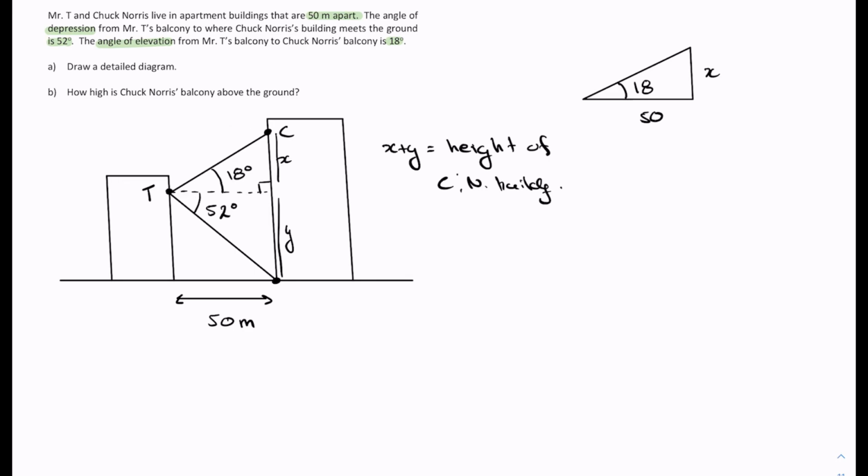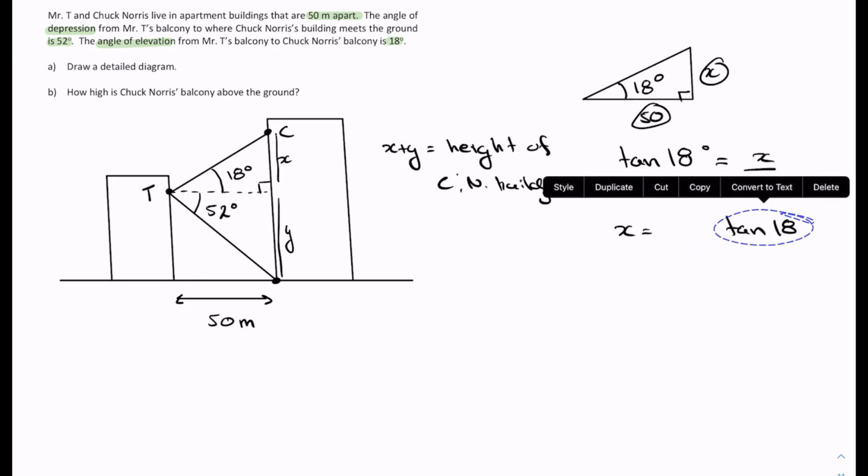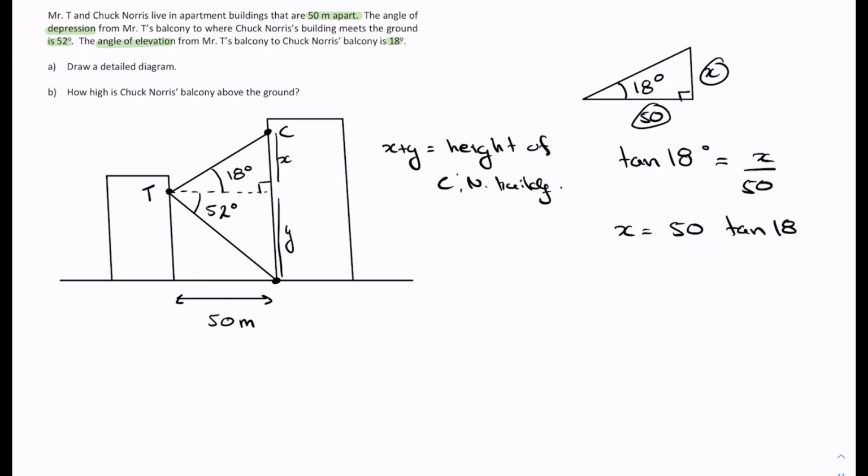Well, I can see that this uses SOHCAHTOA because it has a right angle. So I'm going to use opposite and adjacent, which means I use tan. So tan of 18 degrees equals x over 50, or I can write x equals 50 times tan of 18. I'll do the math later.